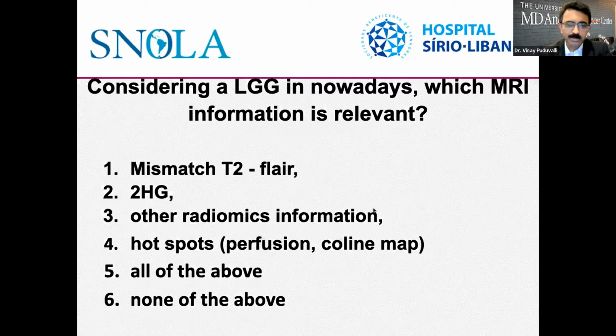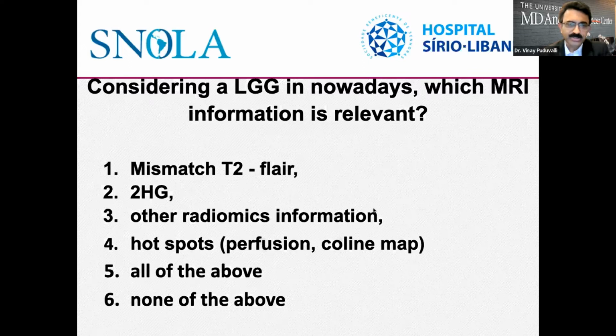If you take, for example, MR spectroscopy for 2-hydroxyglutarate, the peak is very small. It is usually embedded among other peaks. So it greatly depends on the quality of the MR spectroscopy you can get and the expertise of the person reading it. So I don't know if we are yet at a stage where we can use that from a clinical perspective.